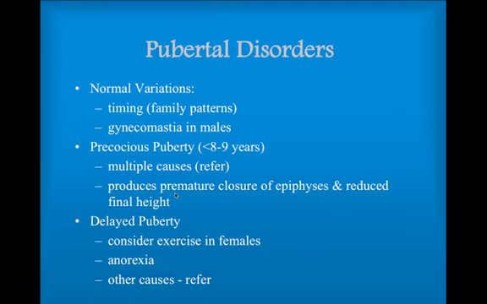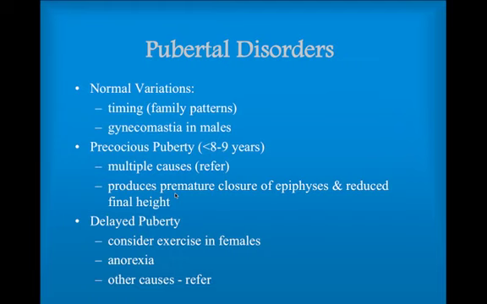Now, a real disorder is precocious puberty. In other words, that's puberty before 8 or 9 years of age. There can be multiple causes to this, and for that reason you should refer it to an endocrinologist. It's very important to treat it, though, because it will produce premature closure of the epiphyses and will reduce the final growth or the final height of a child who experiences precocious puberty.